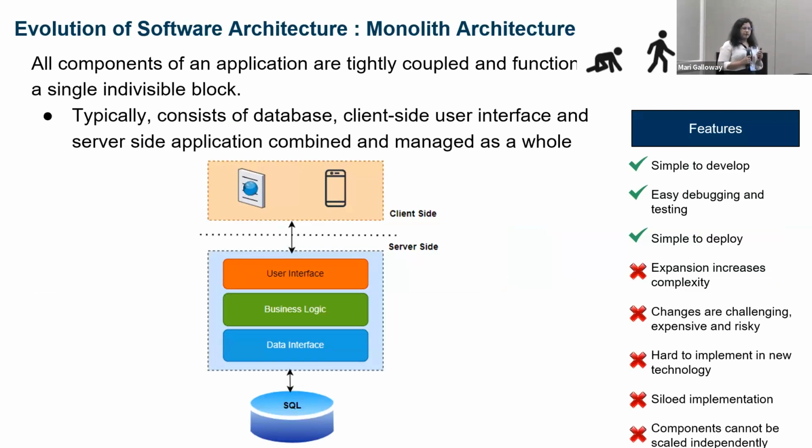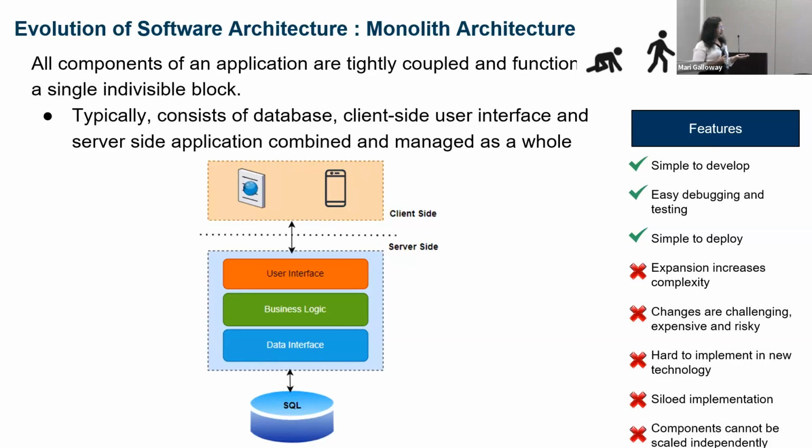However, when the monolith expanded, the complexity also increased. Since it was one single piece of code talking to itself, changes became challenging, risky, and expensive to make. And it was hard to implement new technology, since we had to use the same languages or the same platform that we started off the monolith with.